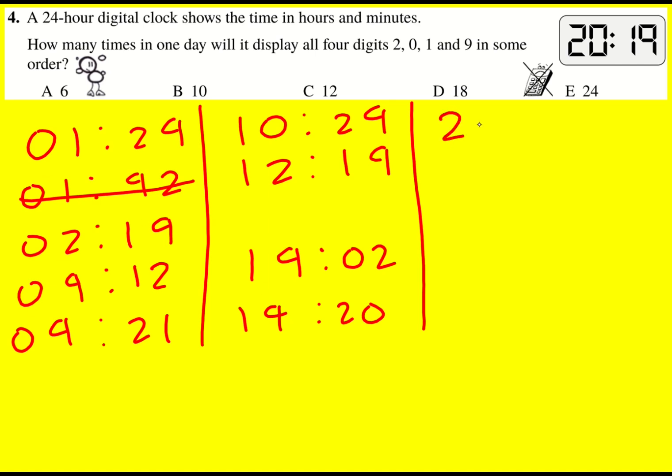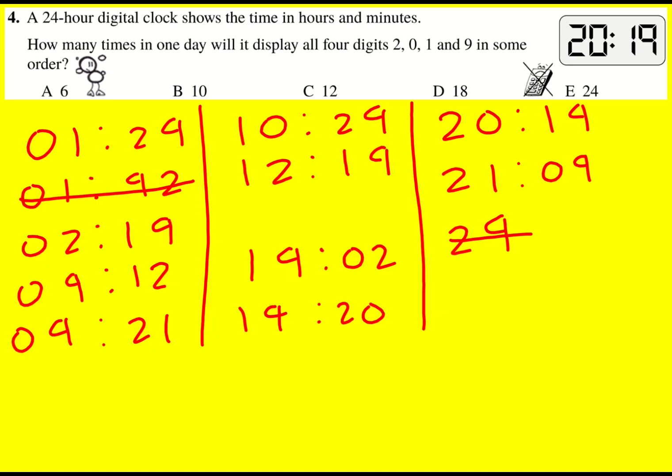Now we've looked at zeros, we've looked at ones. Let's look at twos. So we can have 2, 0, 1, 9, or we can have 2, 1, and then it's got to be 0, 9. And then we can't have 2, 9. So those are going to be the only options, and I think we found them all.